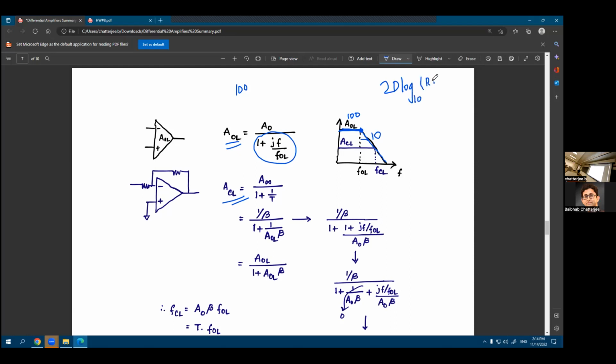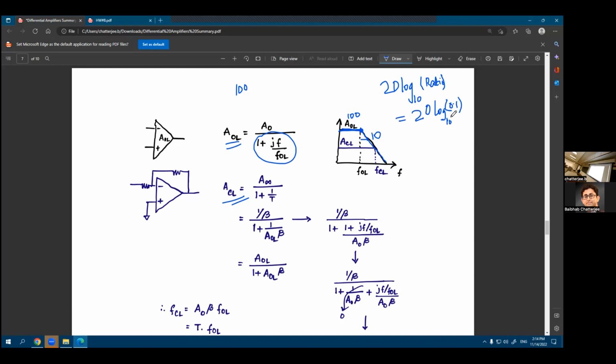So what is the ratio we are talking about here? We're talking about a ratio of 0.1, right? So this is 20 log 10 of 0.1. So what would be 20 log 10 of 0.1?